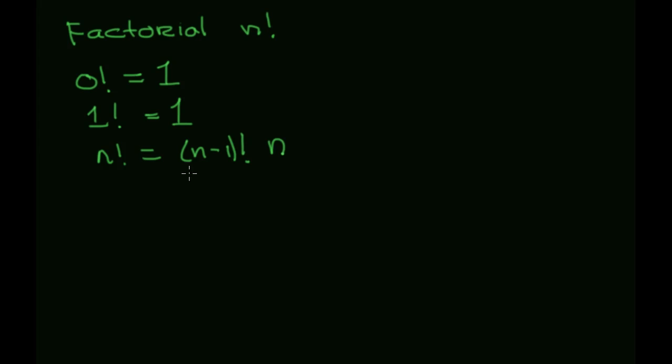Okay, so let's try to understand what this means. Basically, you just keep counting backwards. So like if I have 4 factorial, 4 factorial should equal 4 times 3 factorial. But 3 factorial is 3 times 2 factorial, which is 2 times 1 factorial, which is 1.